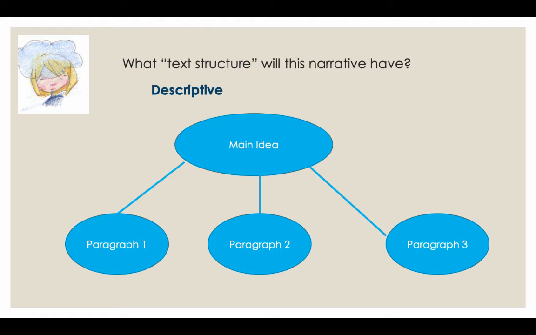You would have all your ideas all smushed together like that, and it wouldn't be a very rich narrative. So you're probably going to have 2, 3, maybe 4 paragraphs, but you're going to find out your main idea, and then you're going to write out what your paragraphs, the ideas under that main idea.